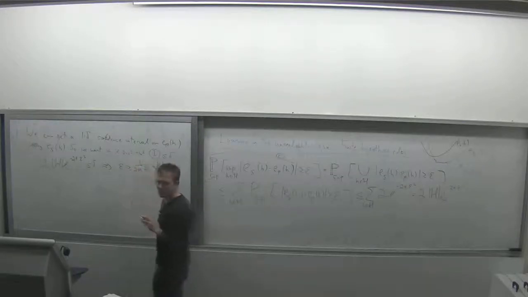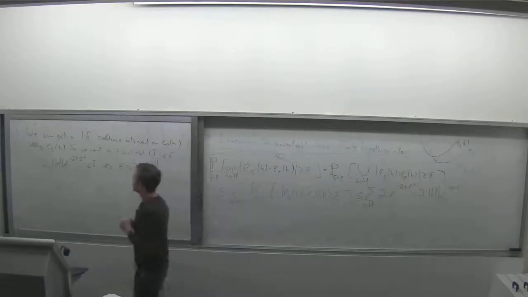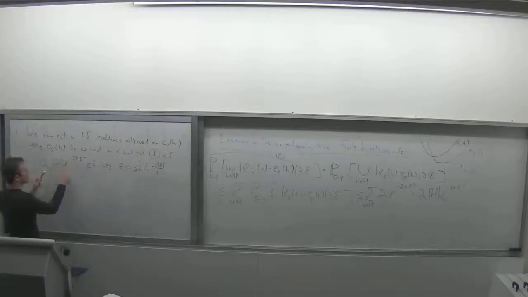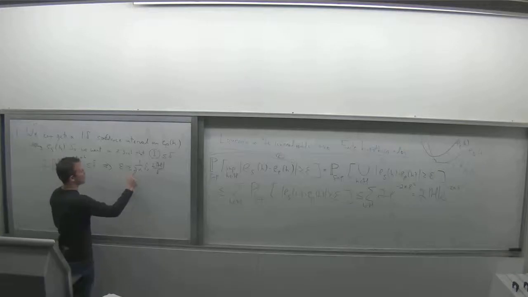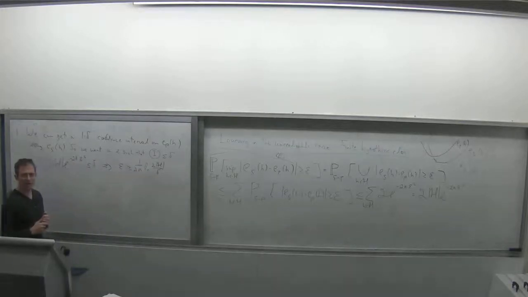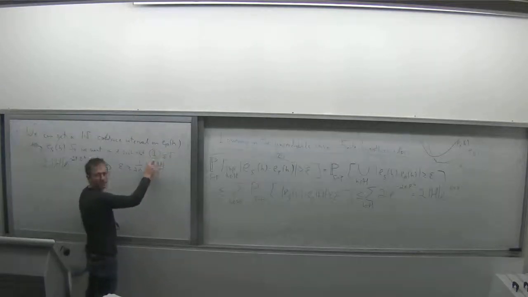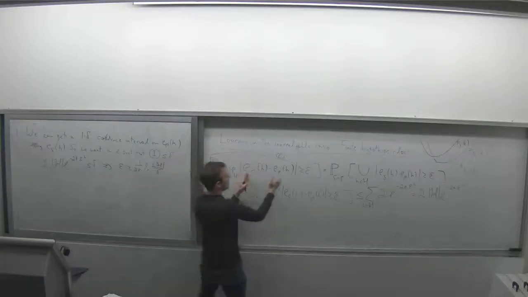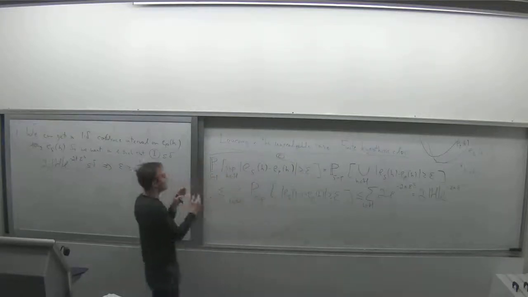Just some algebra. So this says if you want this thing to be less than delta, that will be true as long as epsilon is greater than this thing. Is that fine? A lot of questions in the audience, so let's check: is it okay why I want this? I want to find an epsilon such that the probability that I am more than epsilon away will be less than delta. Okay?